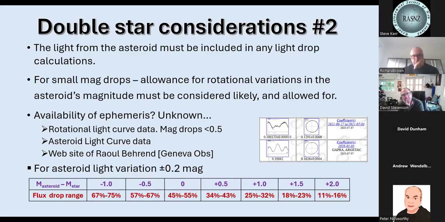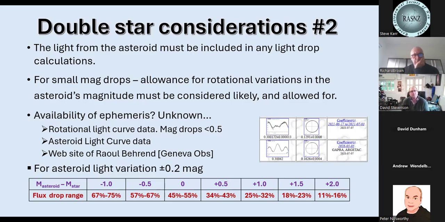And then you've got to be concerned about what the real magnitude of the asteroid is, because you have rotational variation in the light, which can be quite a few tenths of a magnitude. And that can have an effect on your estimate of the magnitude drops.